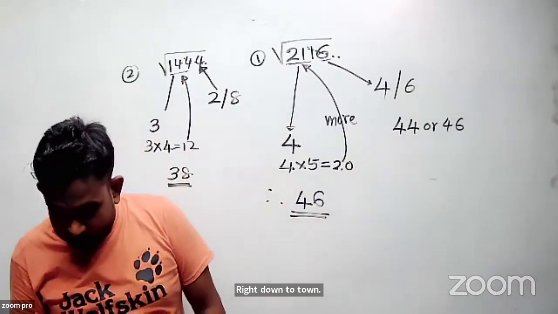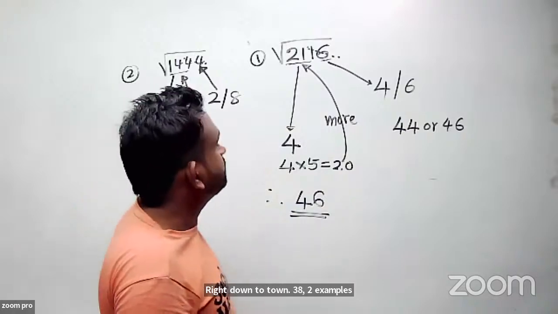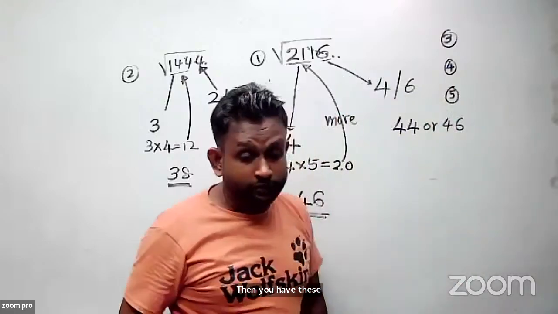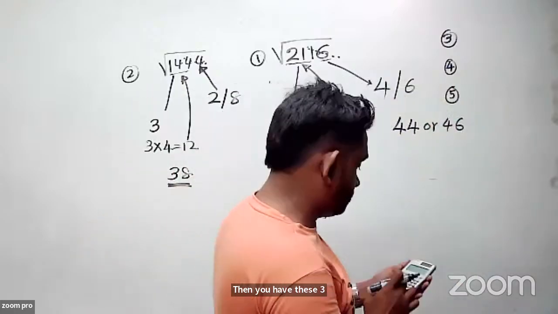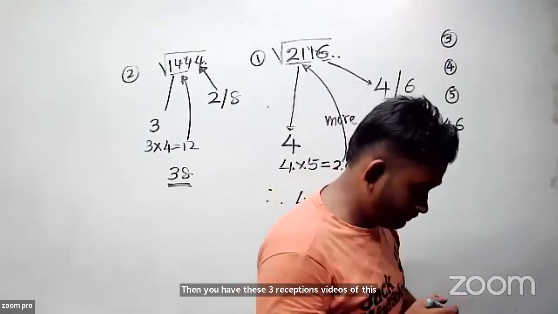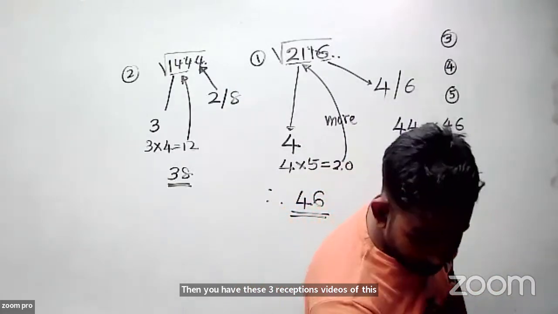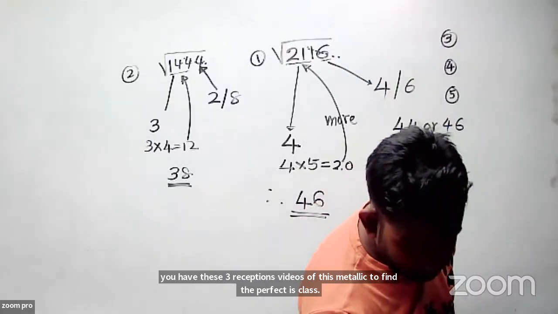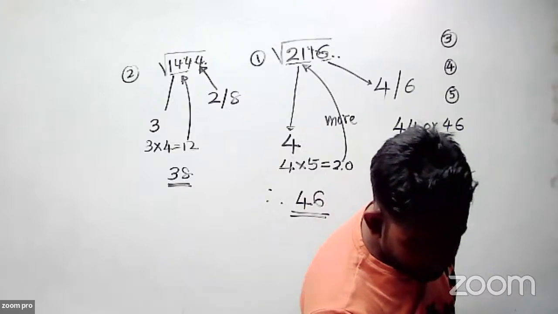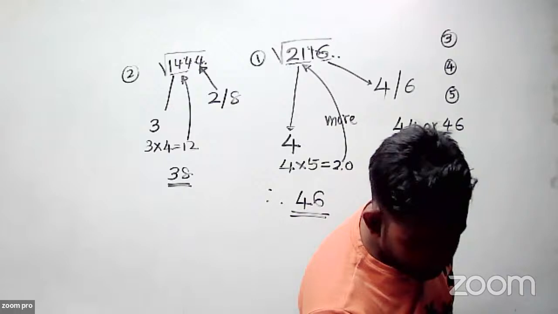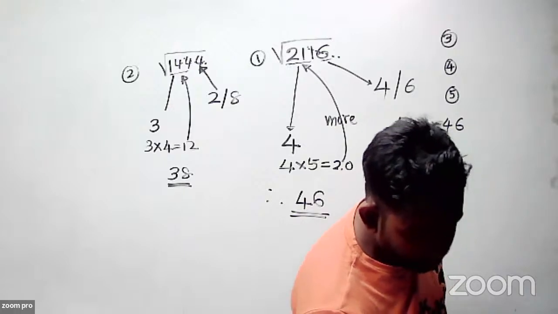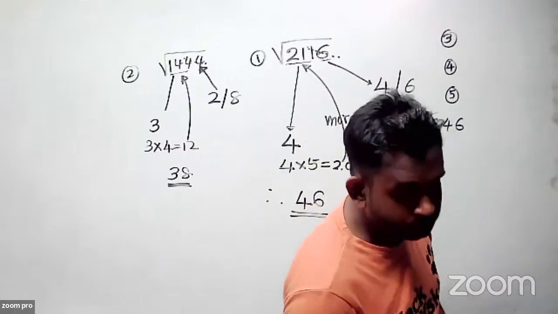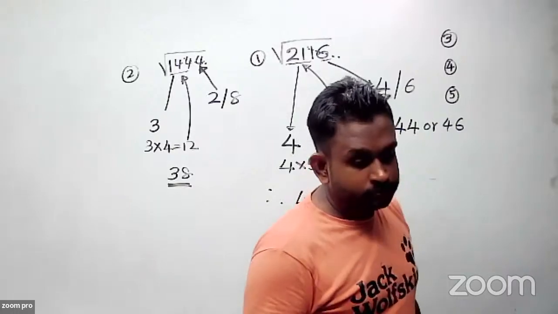Two examples. Then you have these three equations to find the perfect squares with this method.